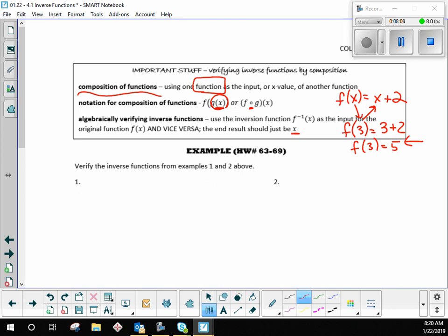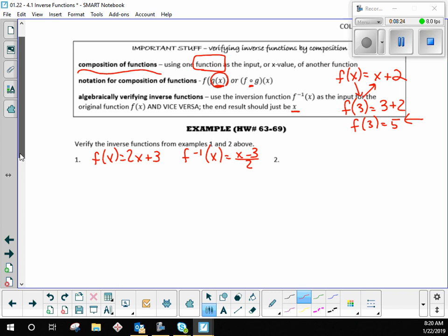So example 1, our original function was 2x plus 3. Our inverse function was x minus 3 over 2. We're going to verify this 2 ways. One is by using this as my input for this. And here's how that looks in symbol notation. Instead of f of x, I'm going to have f of f inverse of x.